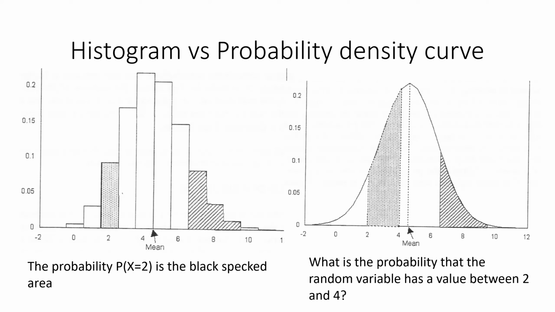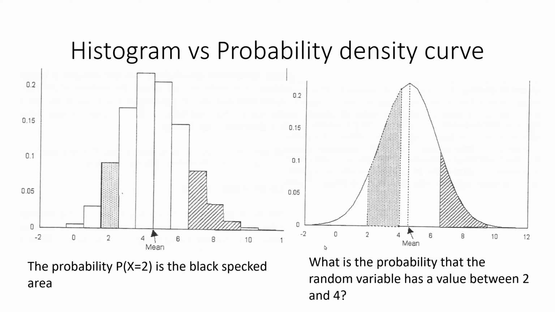So instead of asking what's the probability that x equals exactly 2, for example, or exactly 2 or 3, which in the histogram on the left would be represented by 2 bars, we're going to ask the question, what's the probability that x is between 2 and 4, for example?